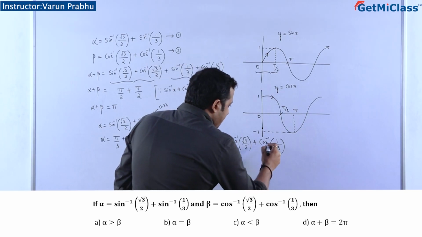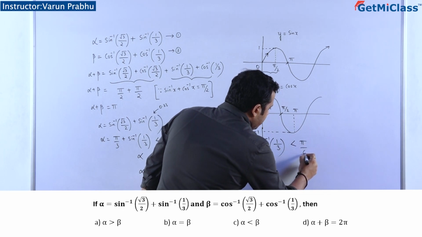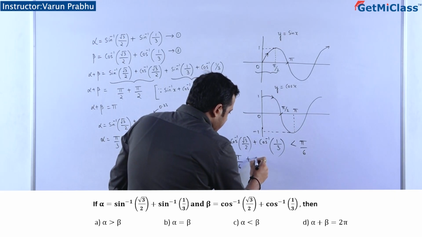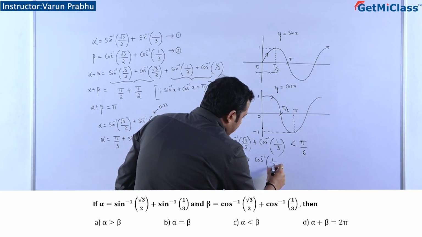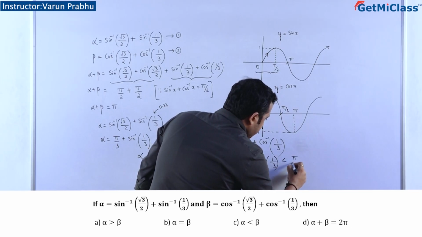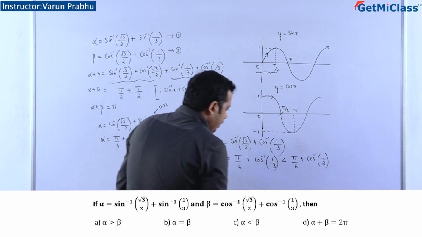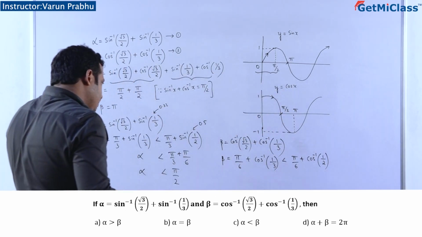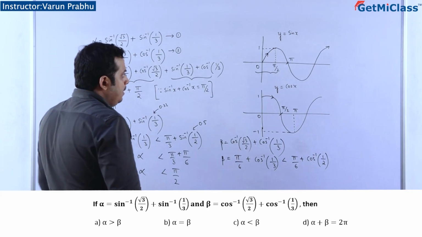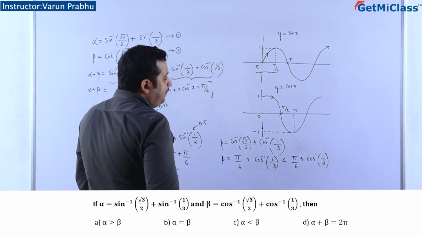This value is definitely less than pi by 6 plus cos inverse of 1 divided by 3. This value is definitely less than pi by 6 plus cos inverse of 1 divided by 2. So if you can clearly see here, sin is an increasing function, and here cos is a decreasing function.